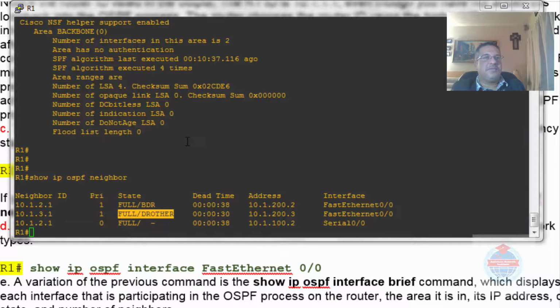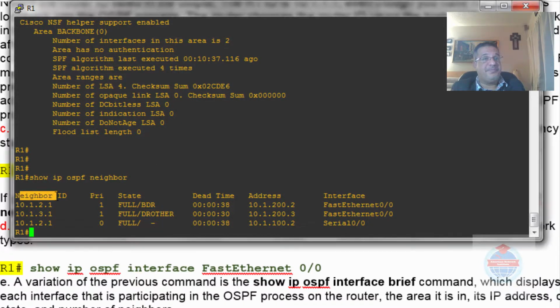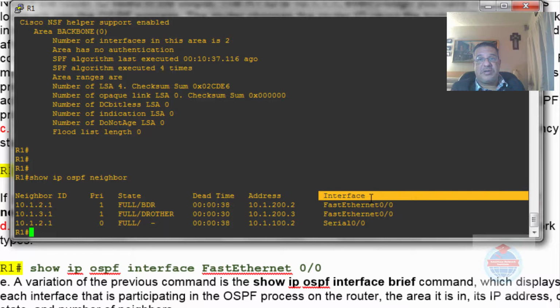So after checking this information of show ip ospf neighbor, what do we see over here? We can see important information: the neighbor ID of each one of the other routers, the state of each one of them, the priority set to 1 over here, guys, something that we're going to be working on in the future, the address of each one of them, and which interface we can reach them from.